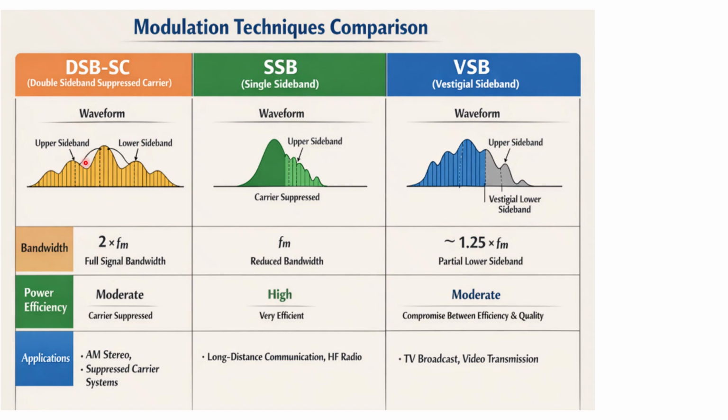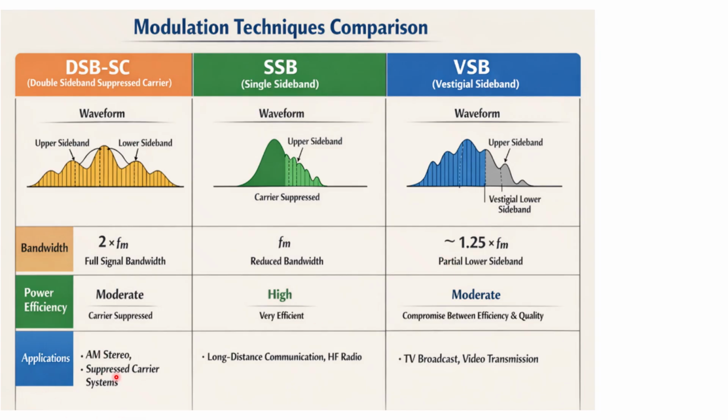Bandwidth for DSB-SC is twice fm, for SSB it is fm, and for VSB it is a little bit greater than fm, that is 1.25 fm, right? Power efficiency is not high for this one, but still it is better compared to DSB, because the carrier has been suppressed. This is very efficient, but sometimes it may not be useful because it may lose some signal. This is moderate, but this is the best one, right?